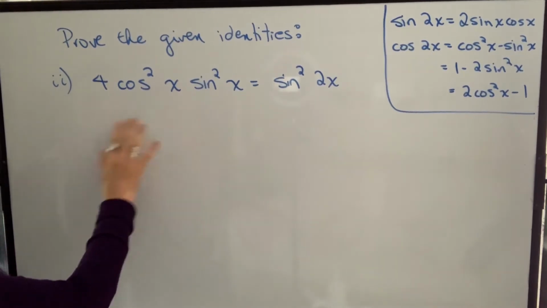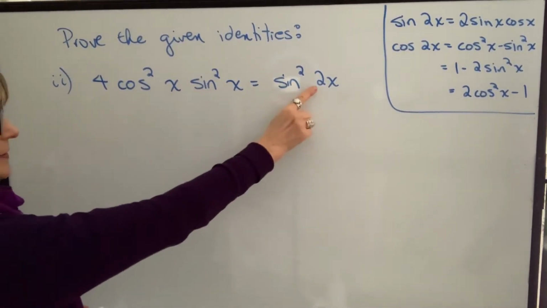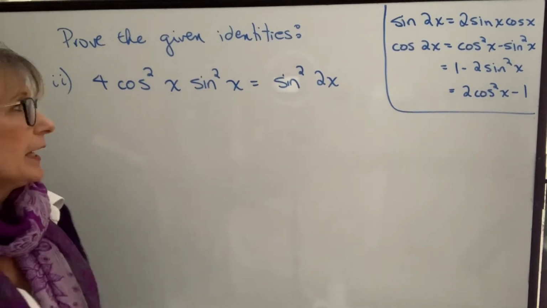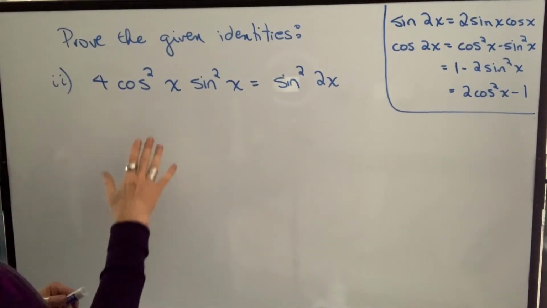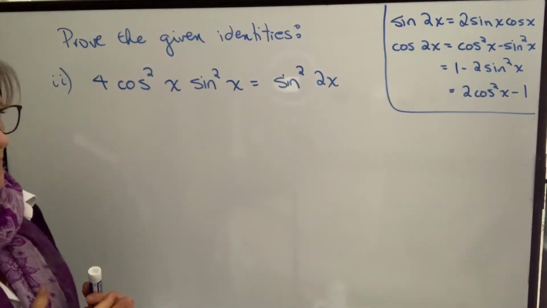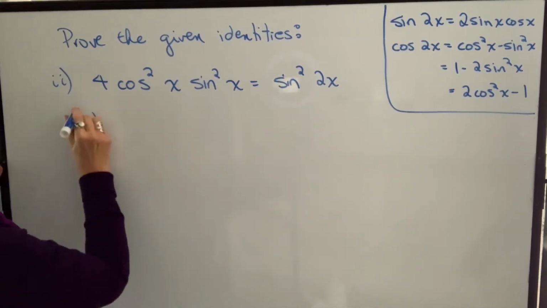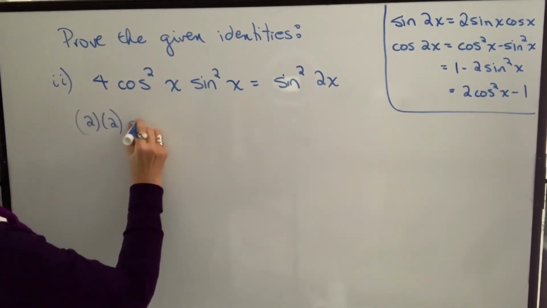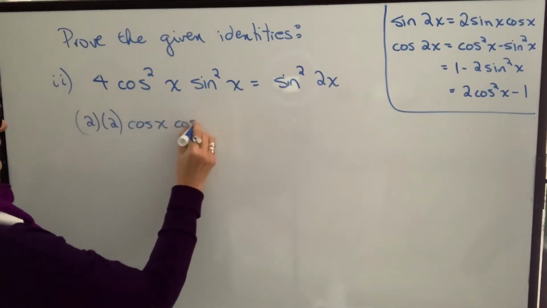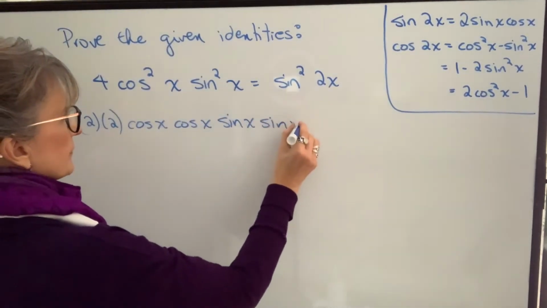In this example, I am going to try simplifying this expression to equal that. And what I'm going to do here is break this up into factors. So I'm going to write this as 2 times 2 times the cos of x times the cos of x times the sine of x times the sine of x.